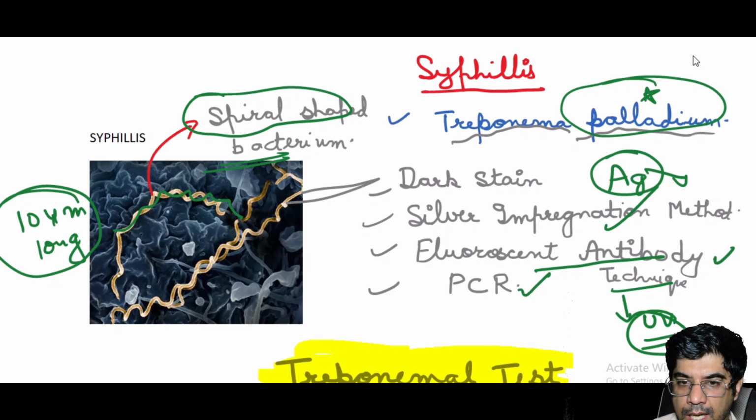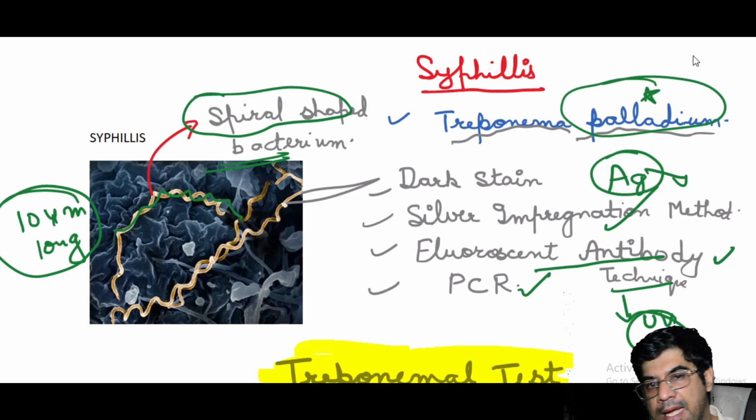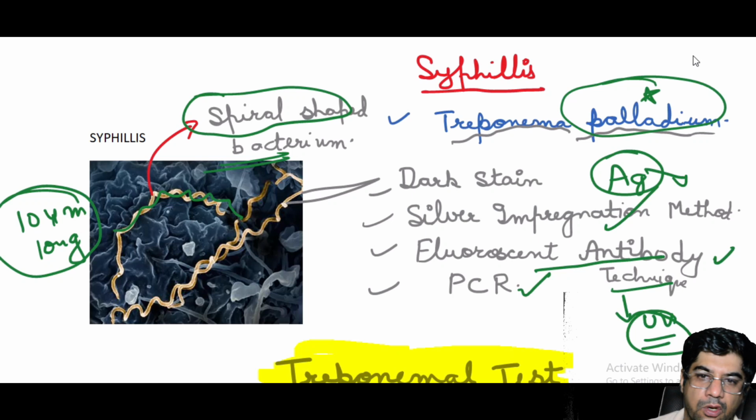The dark ground illumination technique consists of special light microscopy where the light is directed at an angle and it causes the spirochete to appear bright against a dark background.